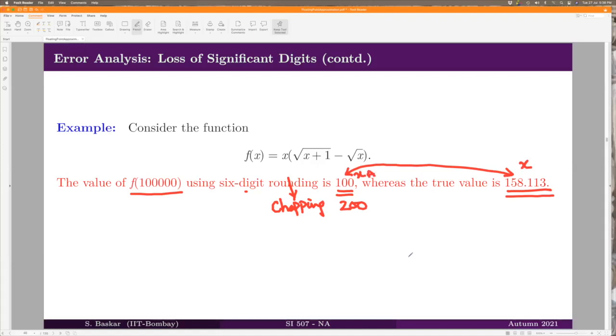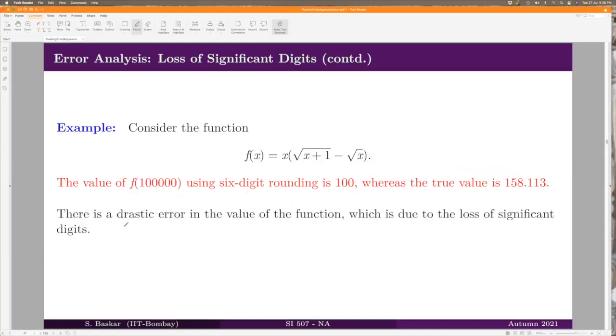So where did we go wrong is the question. Well, if you take x very large, you can see that root x plus 1 will be approximately equal to root x, meaning they both will be very close to each other in value.